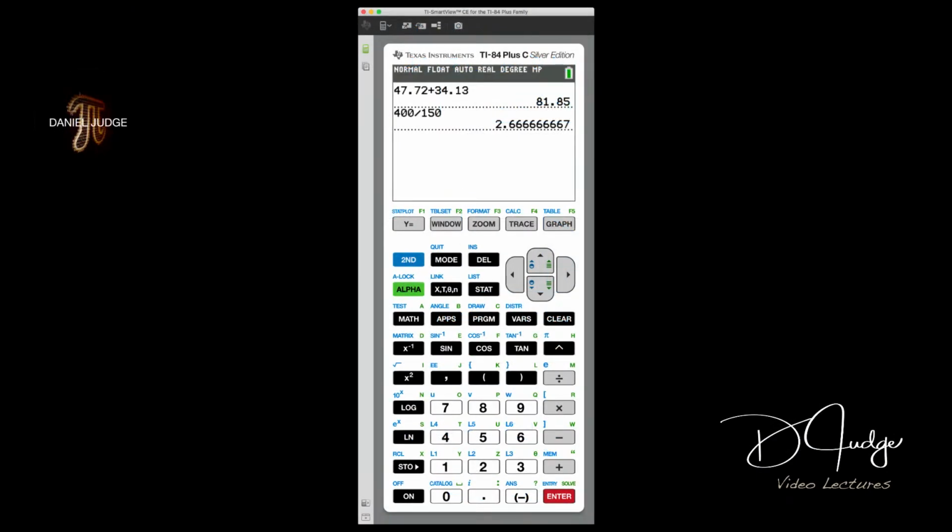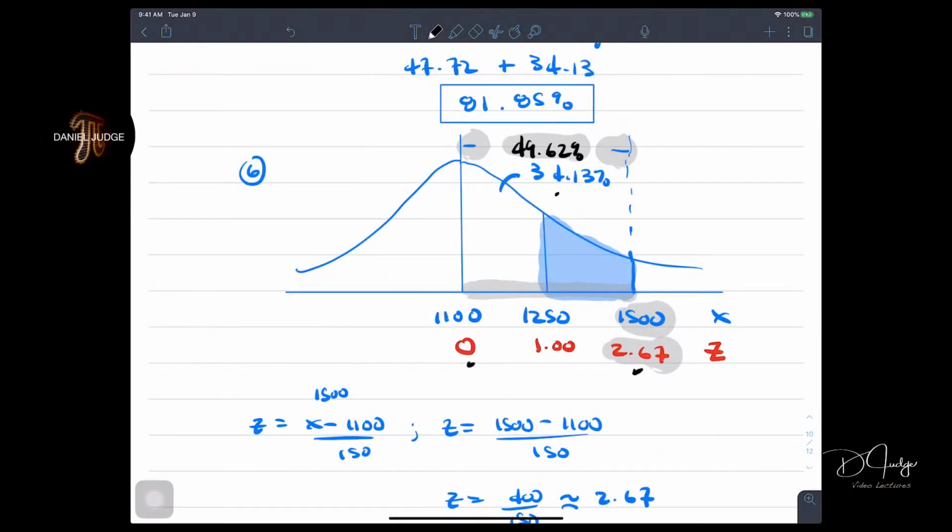And that's going to be 49.62 minus 34.13. 15.49%, double check. Okay, 49.62 minus 34.13, I get 15.49%.